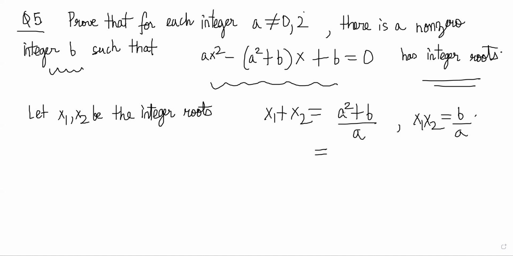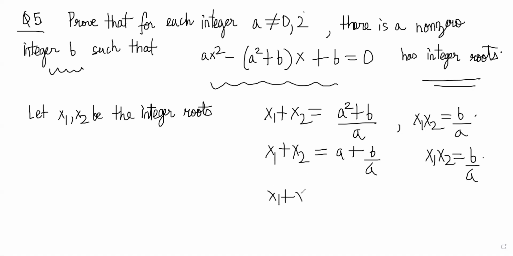So x1 plus x2 is a squared plus b by a, and x1 x2 is b by a. So that means we can write x1 plus x2 is equal to a plus b by a, and b by a can be written as x1 x2.